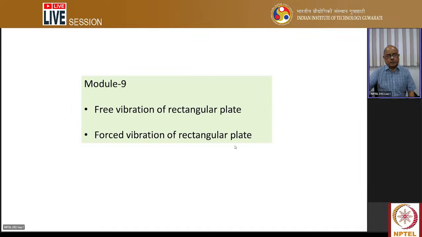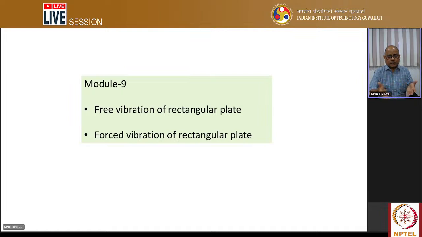So that aspect I have not done. In module 9, I have discussed only vibration of rectangular plate, because rectangular plate is very common in application. Like in civil engineering structures, a bridge deck can be modeled as a rectangular plate, or a building slab, or in other applications, a steel plate is used of different length-breadth ratio.